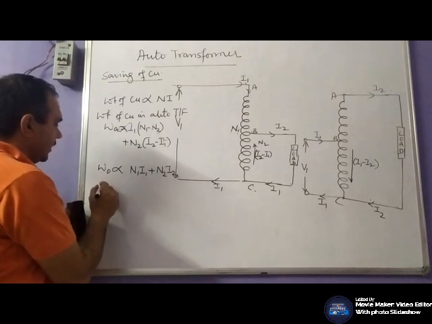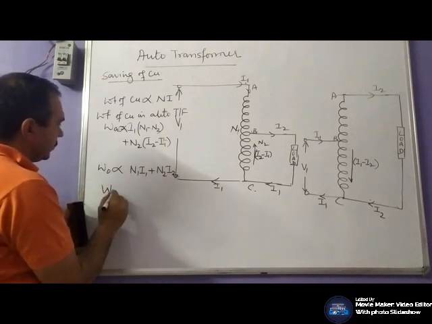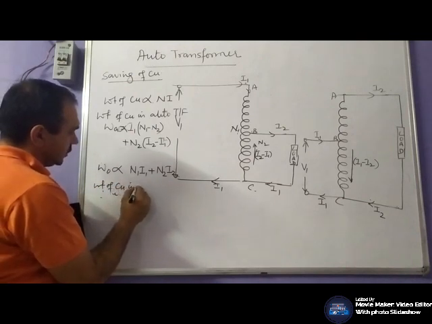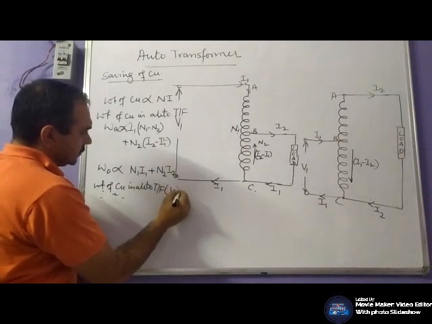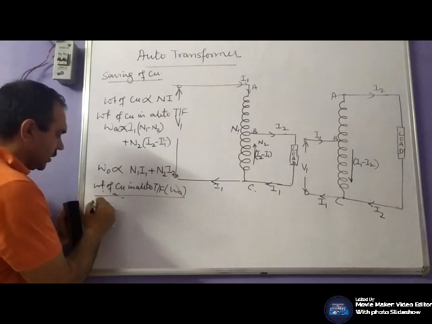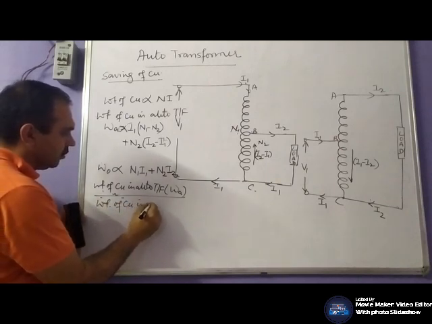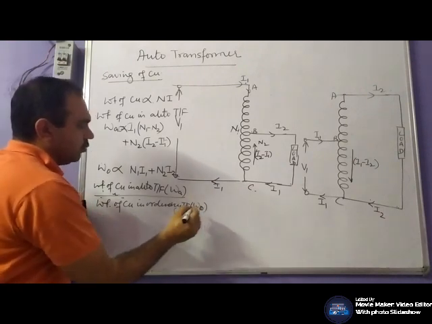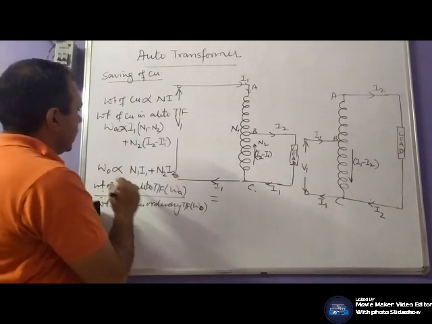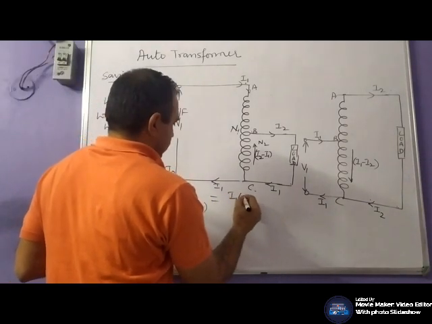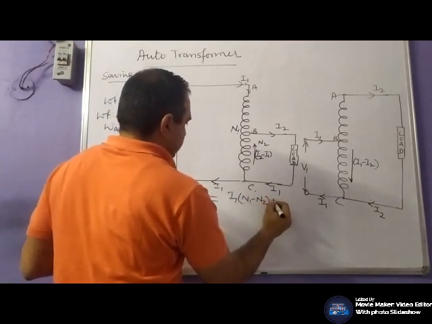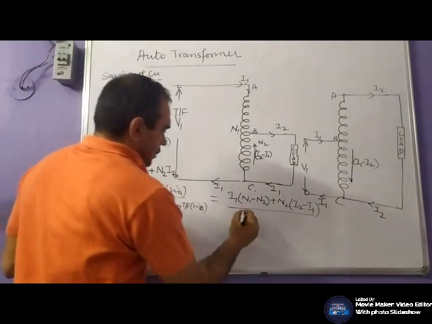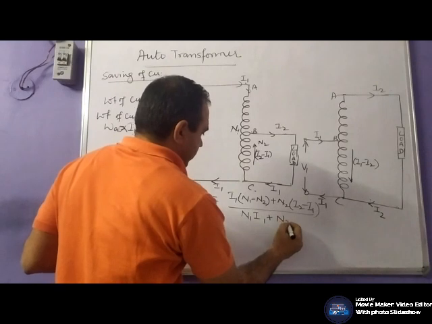Now, if we divide these, the ratio of the weight of copper in auto transformer WA divided by the weight of copper in ordinary transformer, denoted by WO, would be I1 times N1 minus N2 plus N2 times I2 minus I1, divided by N1 I1 plus N2 I2.